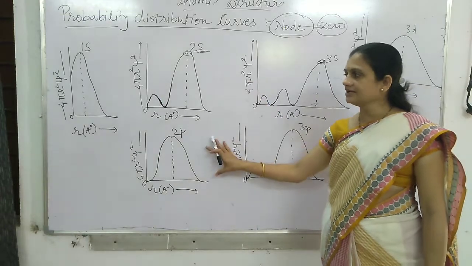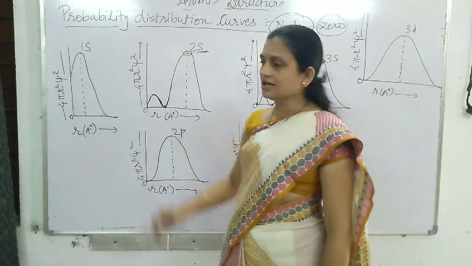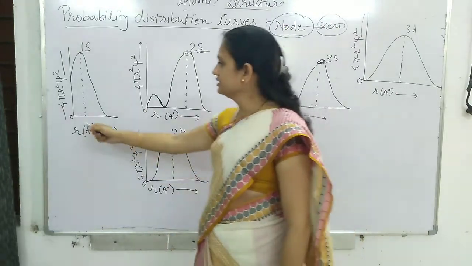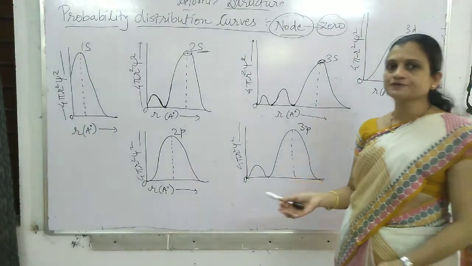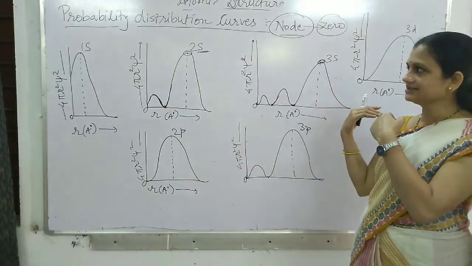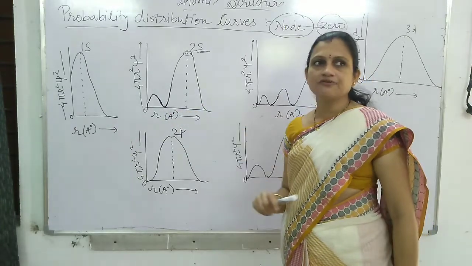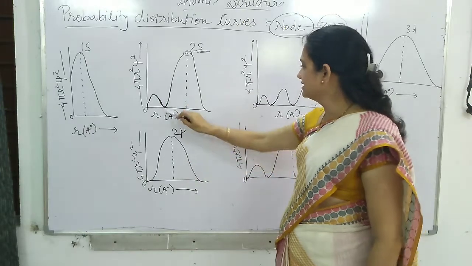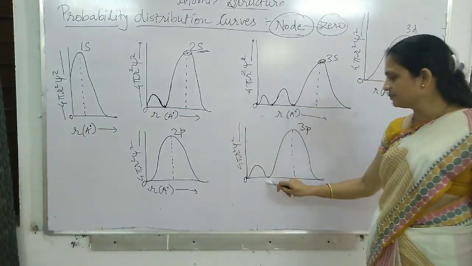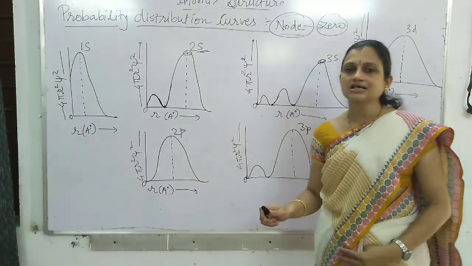The curve starts from the origin and moves from the left hand side towards the right hand side, and at one point the probability of finding an electron is 0. At this point, this point, this point, this point, the probability of finding an electron is 0.